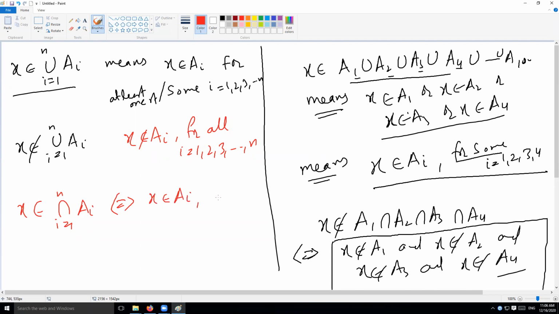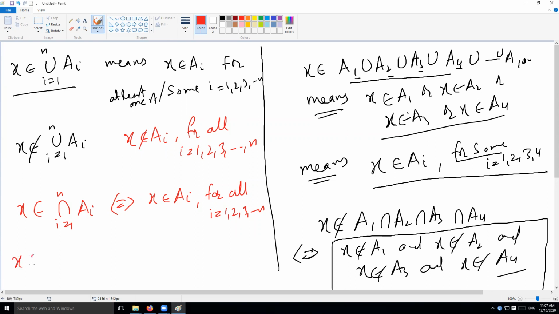X, सभी. For all होना चाहिए क्योंकि सब में होगा तभी intersection में होगा. If X is going to be in all A's, then it will be in the intersection actually. For all I equal to 1, 2, 3 and up to n. Right? That's what it means.